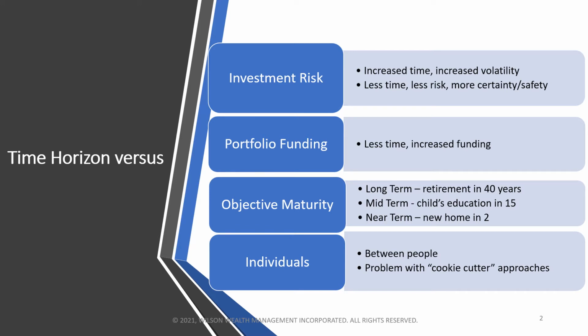If I have an asset whose expected return in any given year is 10%, and its standard deviation, its measure of risk, is 2, that means 95% of the time in any given year, the return on that asset will be within 2 standard deviations of the mean.